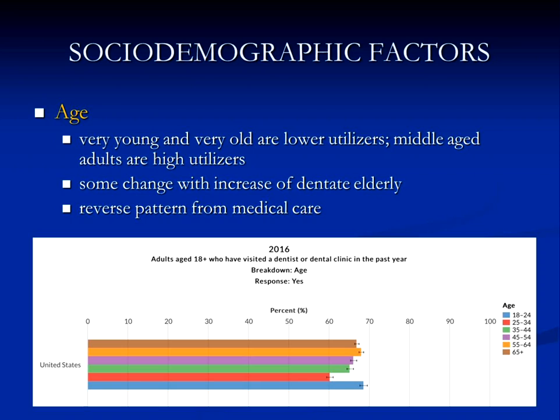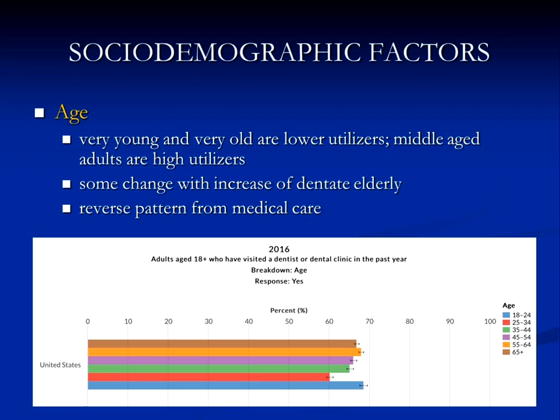So people that are 25 to 34 are the least likely of the adults to be seeking dental services overall. So that could be because maybe they're kicked off their parents' insurance, they're starting their careers, and maybe they just haven't gained dental insurance yet. And then, of course, the highest group here would be the 55 to 64-year-olds.